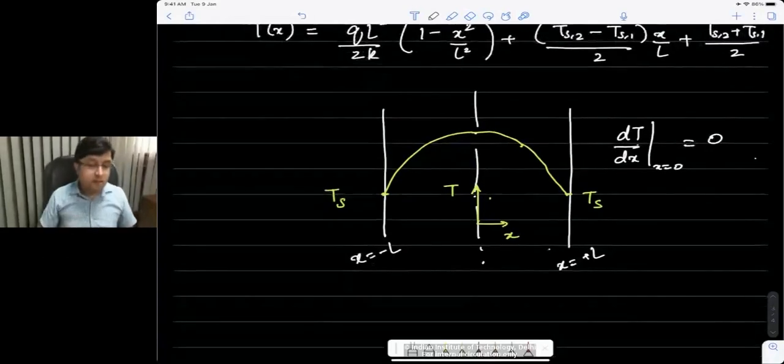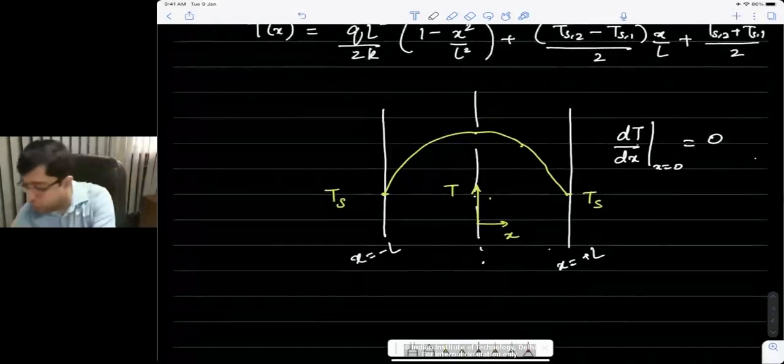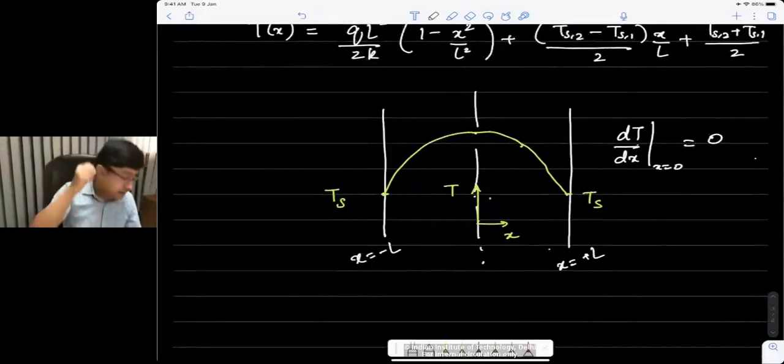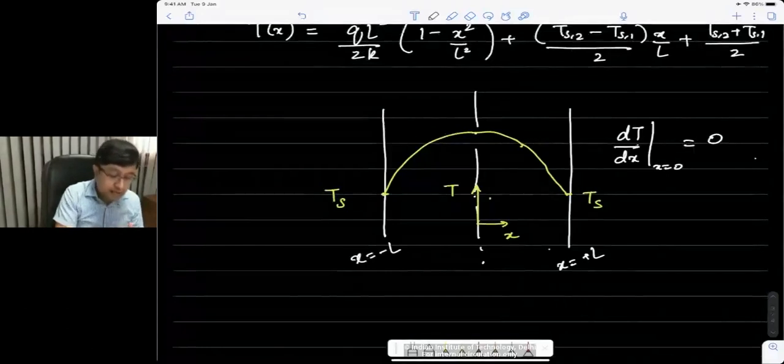And that is again because of symmetry, that the slope of the function at x equal to 0 should be 0. And that we can also confirm by the analytical solution, if you are not convinced by the idea that symmetry should give you a slope of 0 at the center. Look at the analytical solution and derive that. You can see that it will actually be 0.